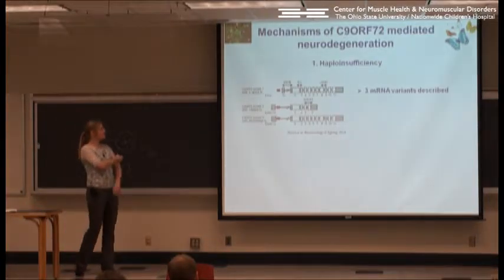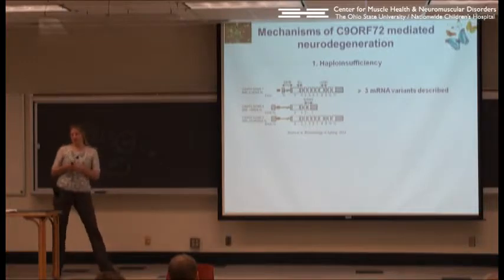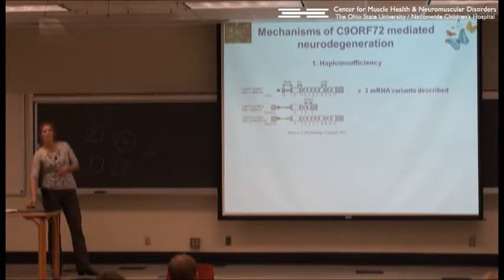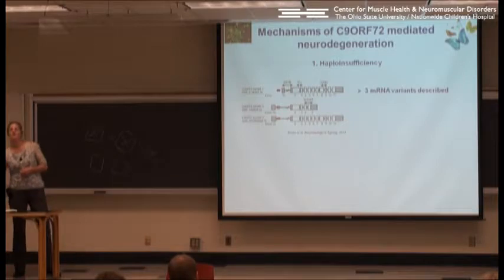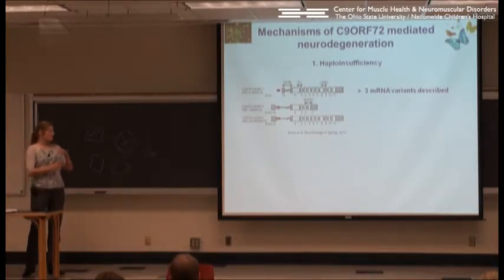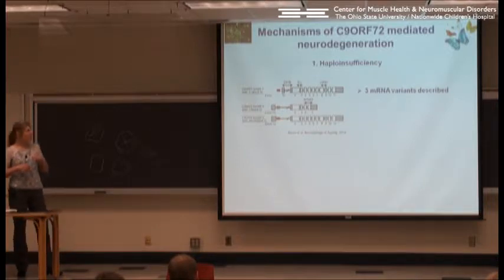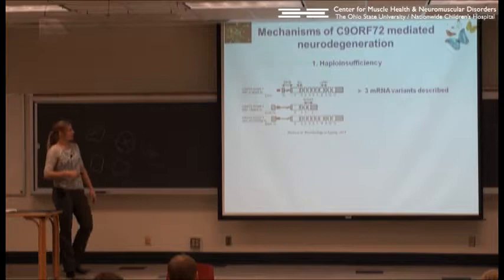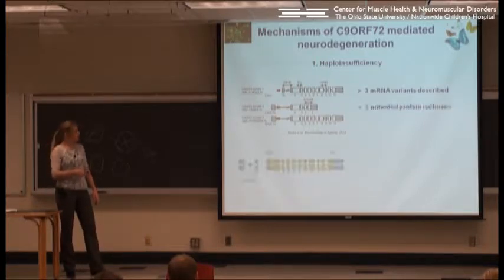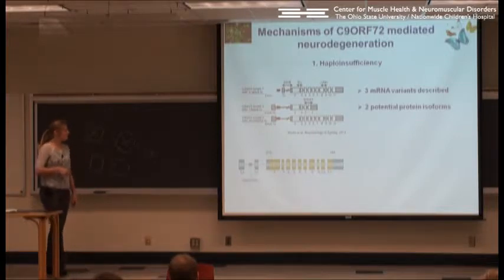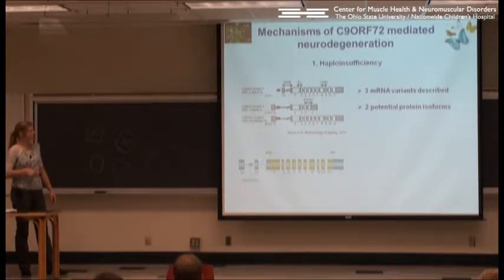So for the first theory, which would be haploinsufficiency, meaning there is not enough protein: there have been three different RNA variants described for the gene, and they give rise to two potential protein isoforms, because the ATG is in exon 2.